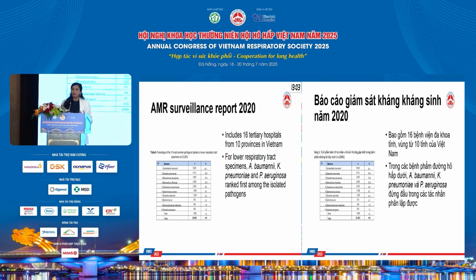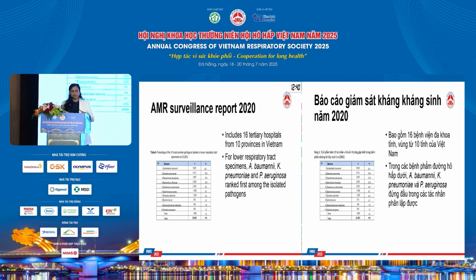There's also a more in-depth study that was done by the Ministry of Health looking at organisms that were isolated in 16 hospitals around the country. However, the caveat is that these are all tertiary hospitals. So in tertiary hospitals, you're going to be seeing very complex infections.